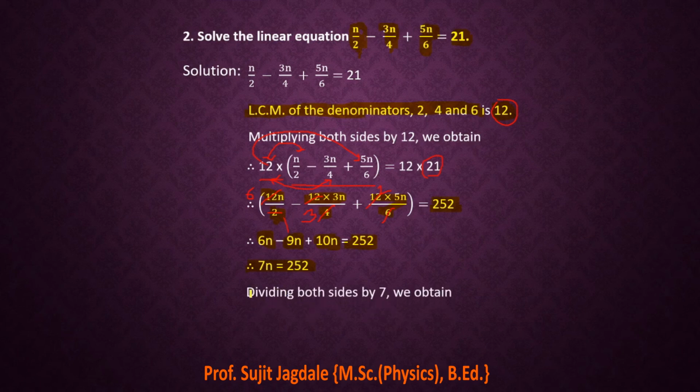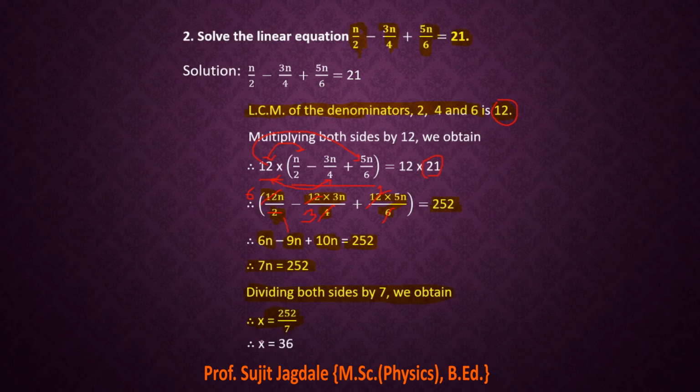Then dividing both the sides by 7 we obtain. So here we are going to divide both the sides by 7, then we are going to obtain n is equal to 252 upon 7, and by dividing it we are getting n is equal to 36.